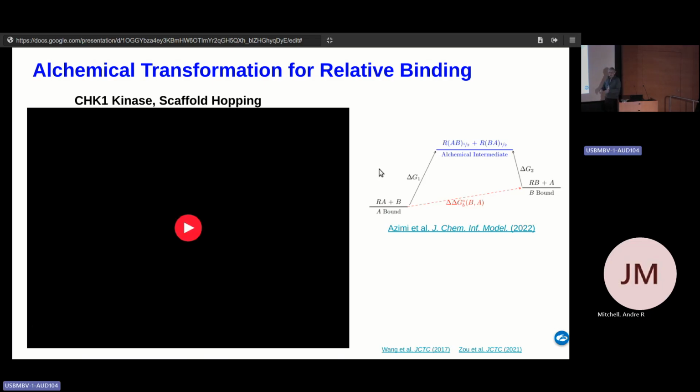Effectively, each ligand is simultaneously in the solvent and in the binding site, depending on what the alchemical state is. You can have a state in which both ligands are in both places at 50% weight, which is a strange thing. That's what happens.